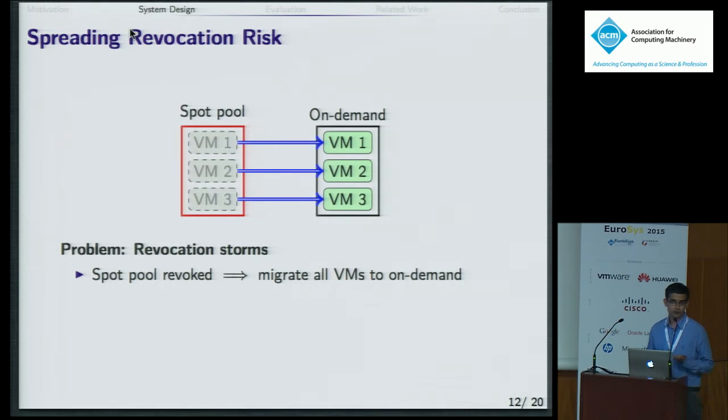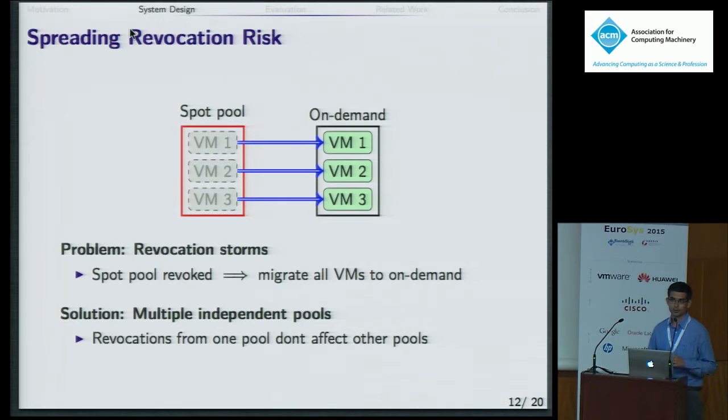So how do we solve this problem? Well, we have a very simple solution of using multiple independent Spot pools such that the revocations in one Spot pool do not affect the revocations in the other Spot pools. To simplify, we don't put all our eggs in one basket and we try to distribute VMs on as many independent pools as possible.